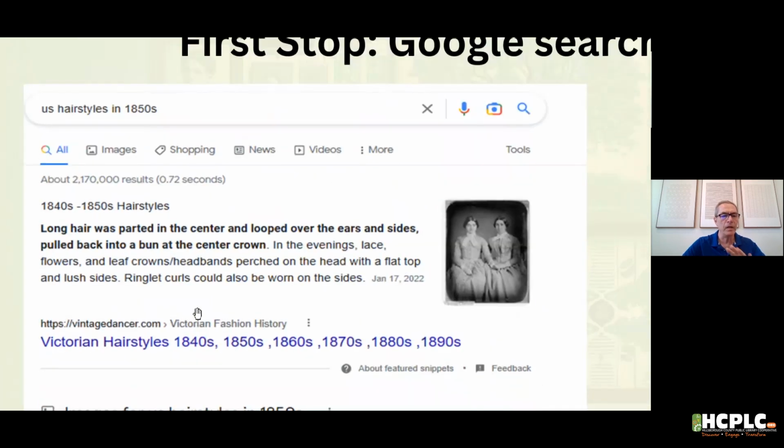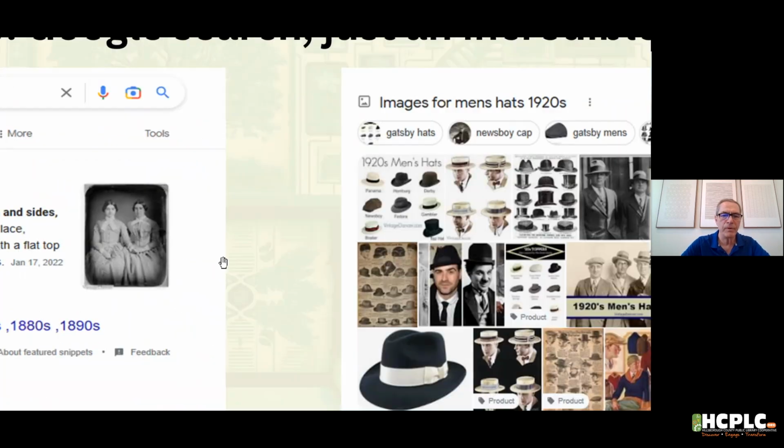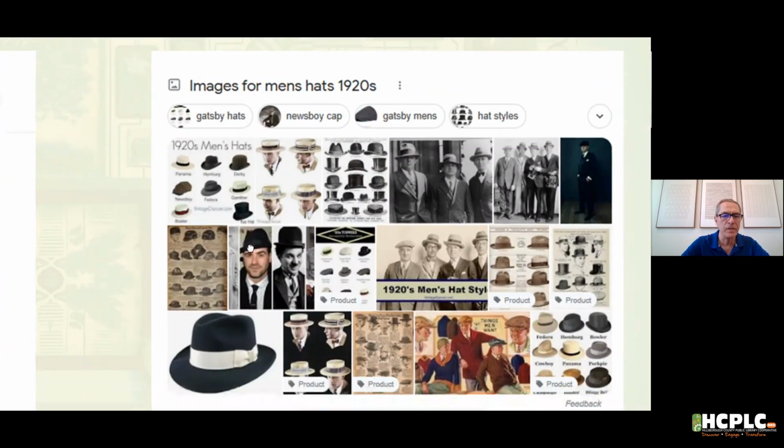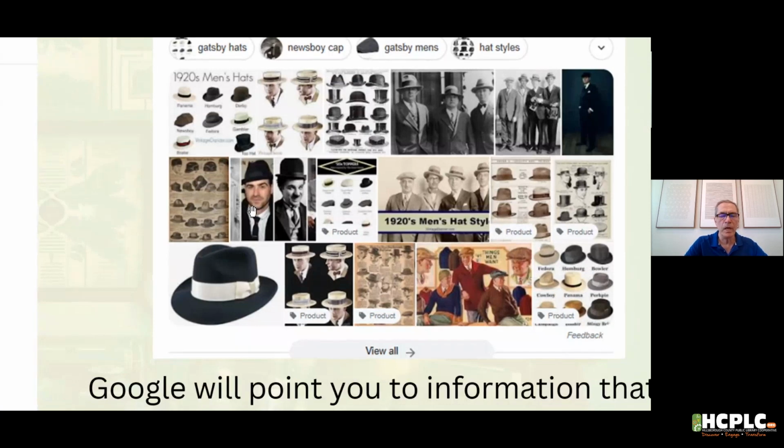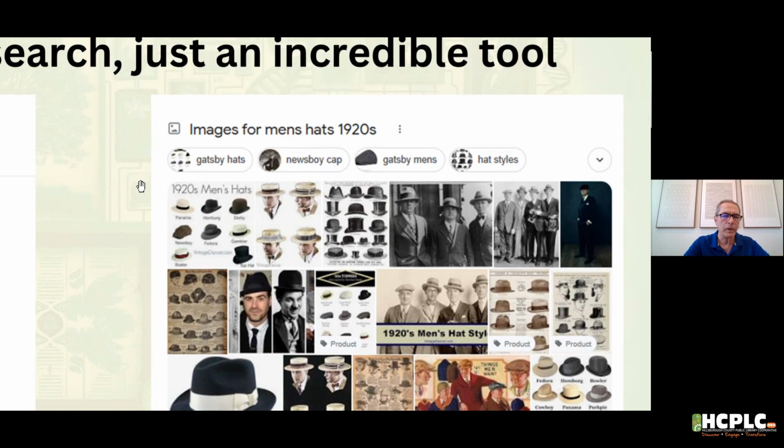And I can start looking at different types of hats here, men's hats for the 1920s. So Google is a fantastic resource, and prior to about 2 years ago, it was probably the resource that most people used. There's other ways of doing it, which we'll look at in the end, but this will help you confirm. So if you've got a date and you're looking at somebody in a collar or a hat, we can then go to Google and look at those images.